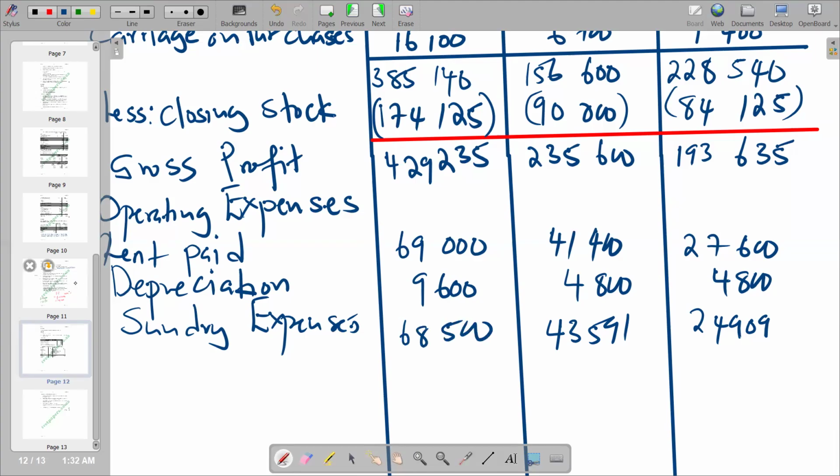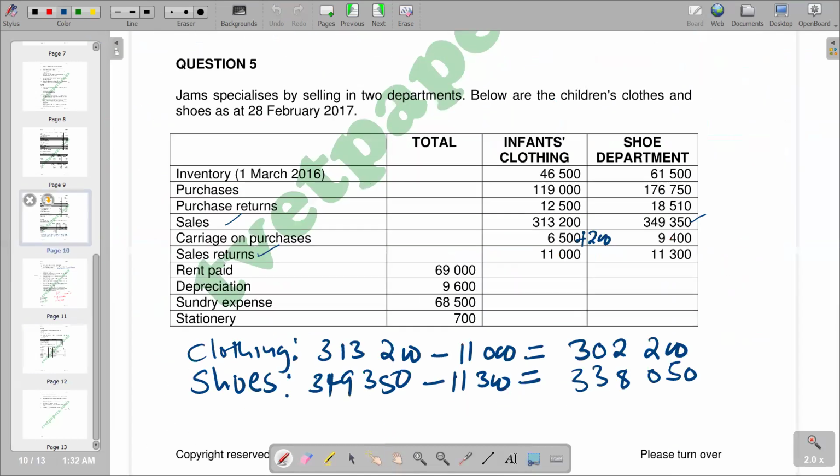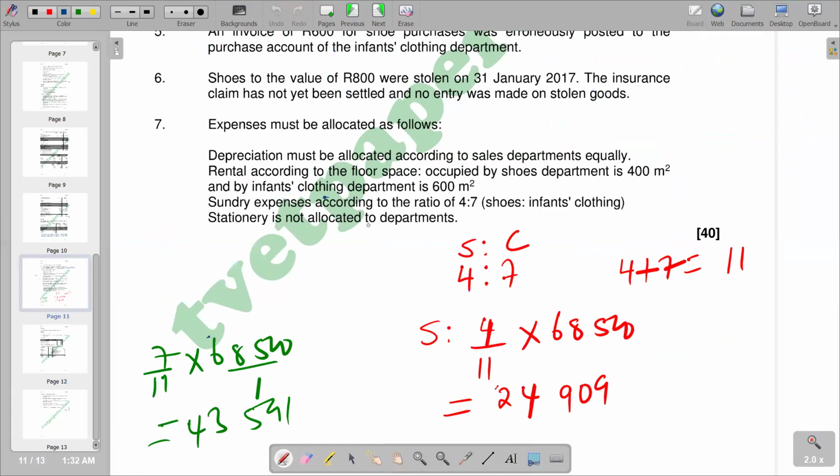So then try to check if you still have another expense. We have stationery. So we see what they are saying about stationery. Stationery is not allocated to departments as the last instruction. So when it's not allocated, it means you're not going to allocate it. So we adjust this after calculation of our net profit per department. Then we subtract our stationery to get our net profit for the year.